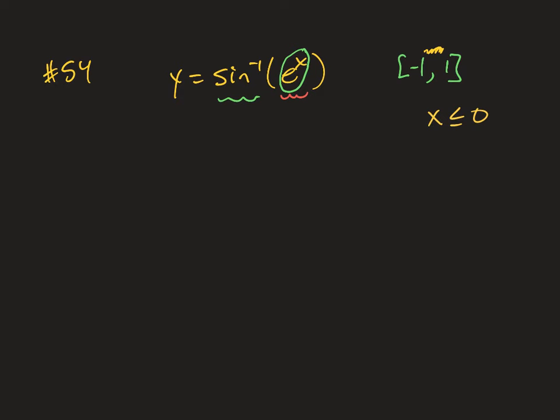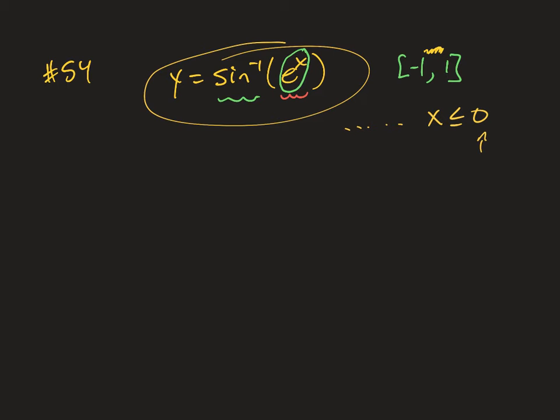So I don't have to worry about going into the negatives. We're okay going this way, negative, all the way to negative infinity, but we can't plug any number in that's bigger than 0. So this whole entire function here has a domain of x less than or equal to 0.